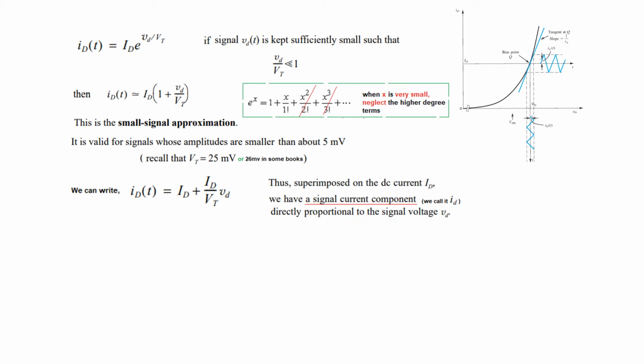So this is due to the AC current, and so we can write it like this, that iD, we are just doing away with t, is equal to IDC plus iAC, or small id. And if we compare these two, we can write this term that id is ID over VT times vd.